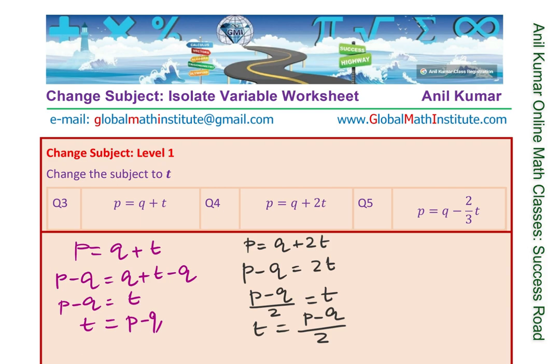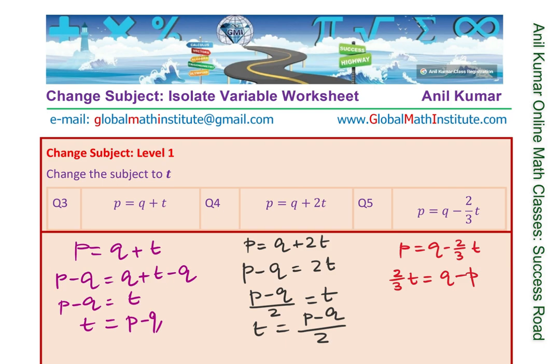How will you do the third one? Well, in the third one, we can bring q to the left side. We can also bring minus 2 over 3 t to the left side. So let's do that part. Slightly tricky. We could rewrite p equals q minus 2 over 3 t as 2 over 3 t equals q minus p. Does it make sense to you? So we basically added 2 over 3 t on both sides to get this equation.